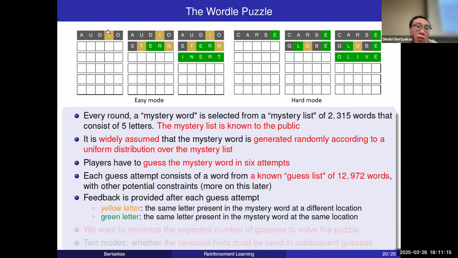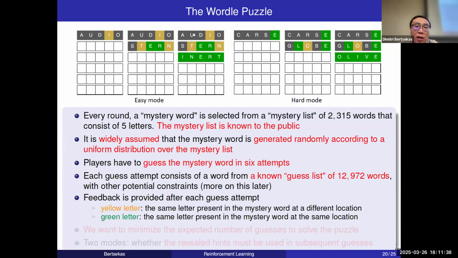So in this case, the letter I is present in the mystery word, but at a different location, so one of the other 4 locations. And in this case, E and R are present in the mystery word at the same locations.